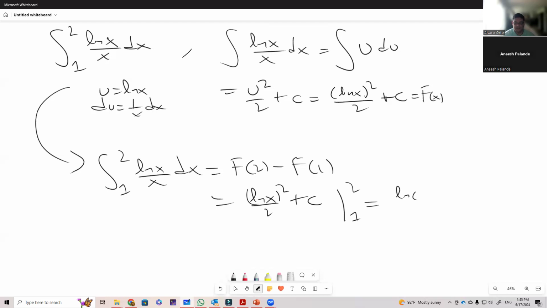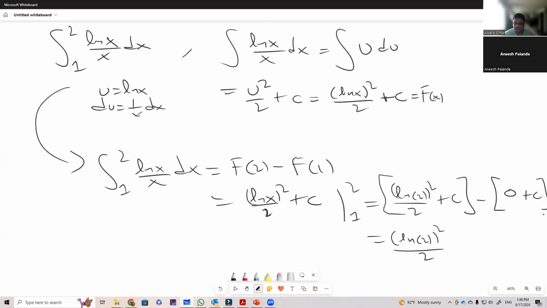So this is log of 2 squared over 2 plus c, and then minus, plug in 1, which gives log of 1 is 0, plus c. The c's are going to go away, and this is just going to give me log of 2 squared over 2.